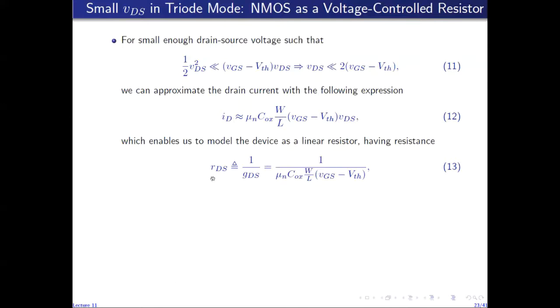So VDS over ID is called RDS, which is the resistance of the conductive channel between drain and source, and is given by the inverse of this term.